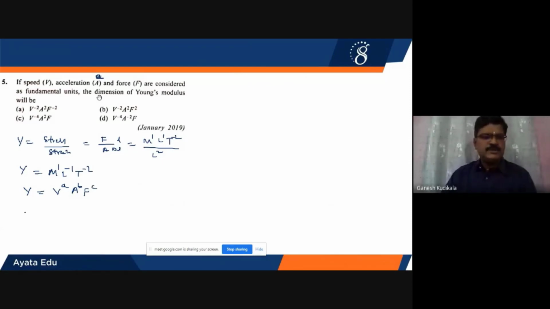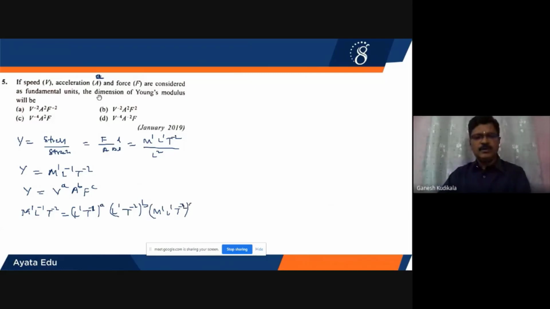So Young's modulus is given by M^1 L^-1 T^-2. On the right hand side, velocity is L^1 T^-1, to the power of a. Acceleration, velocity by time, is L T^-2, to the power of b. And force is M^1 L^1 T^-2, whole to the power of c.